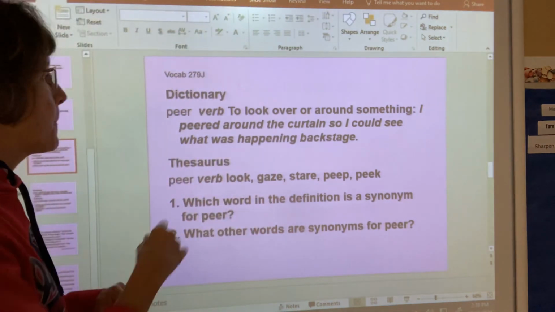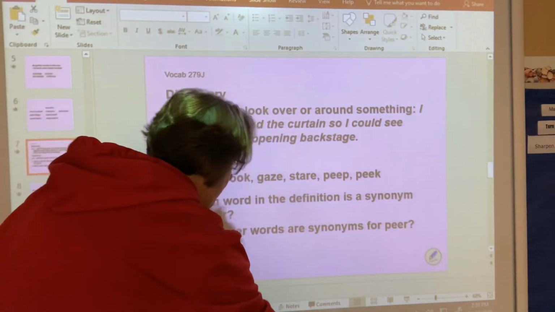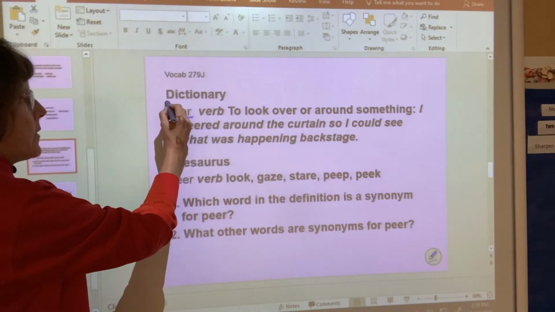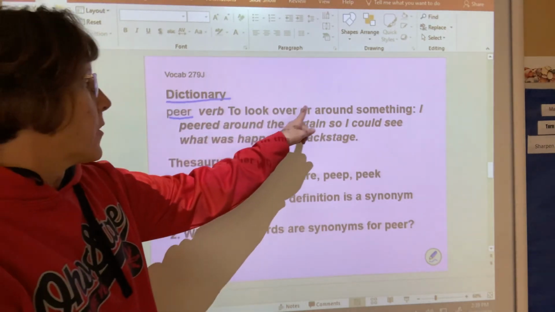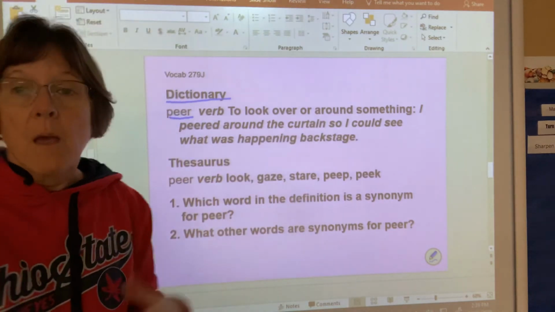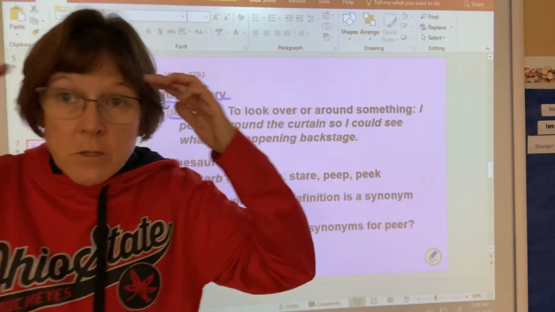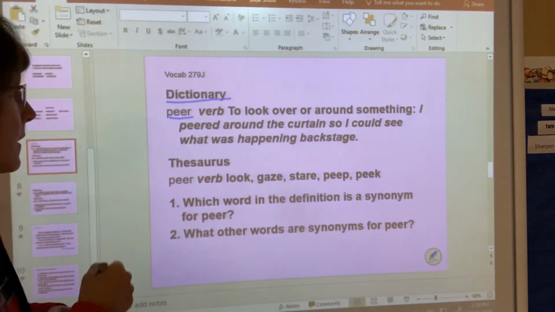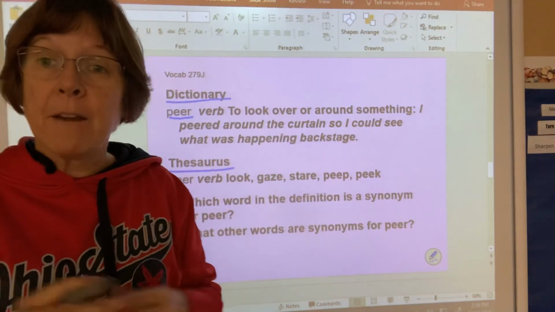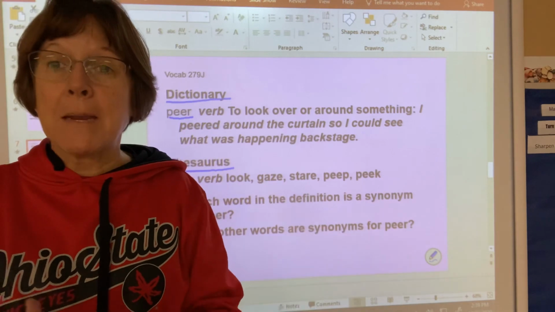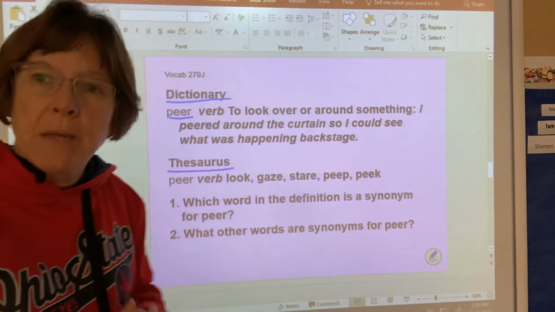Let's take a look. I have the word peer. Now, in the dictionary, peer means to look over or around something. Now we know what peer means, to look at something. But if I go to the thesaurus, I can find other words that mean the same as peer.